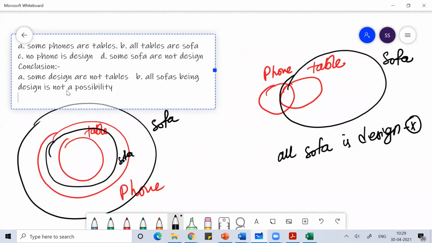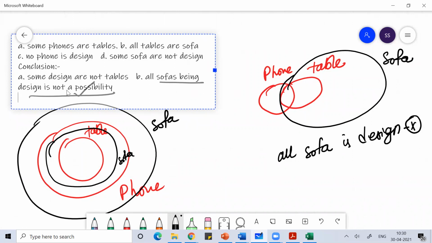Understand this. In any case, all sofa being designed is not a possibility. That is 100% true. You can see that.